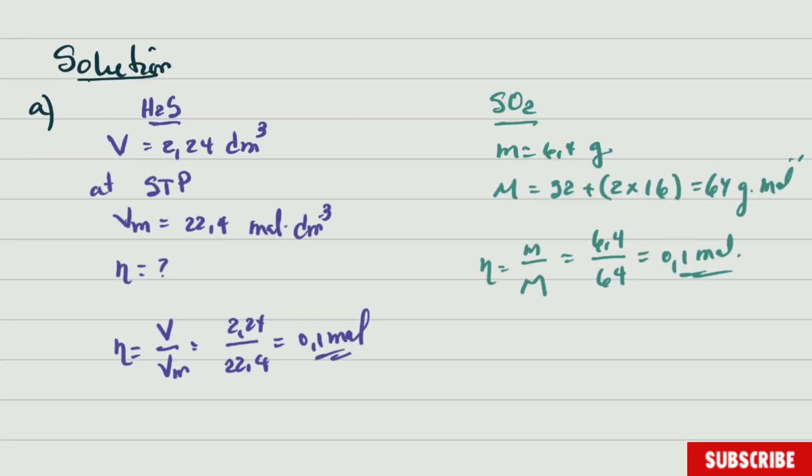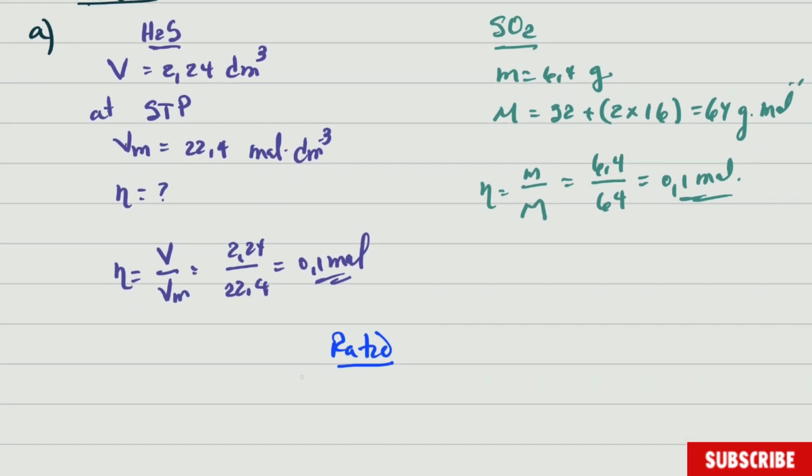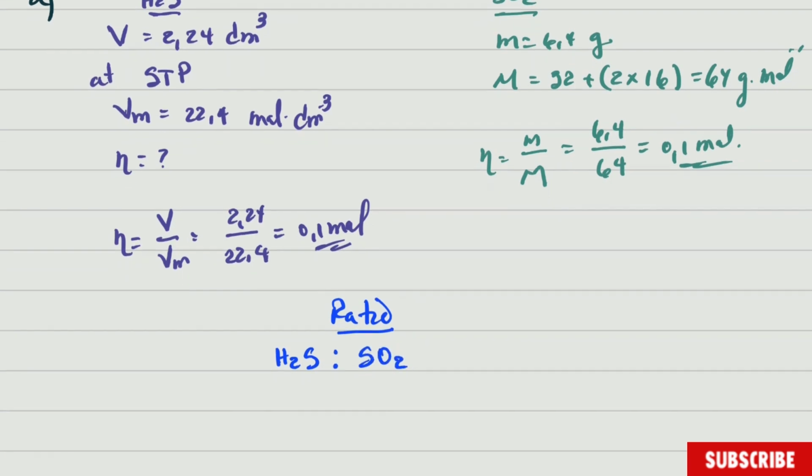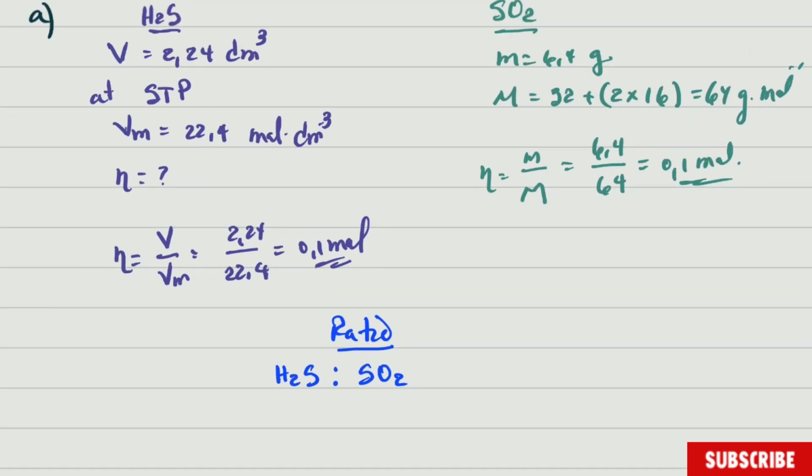So we're going to come here and we are going to say ratio. The ratio of H2S to SO2. That is the ratio we are looking for. And it doesn't matter because we have the same amount of mole.